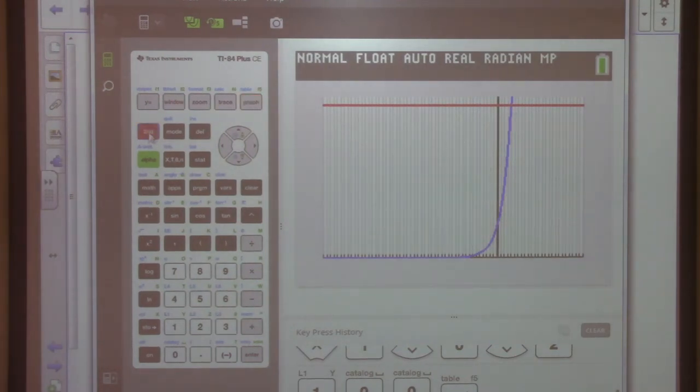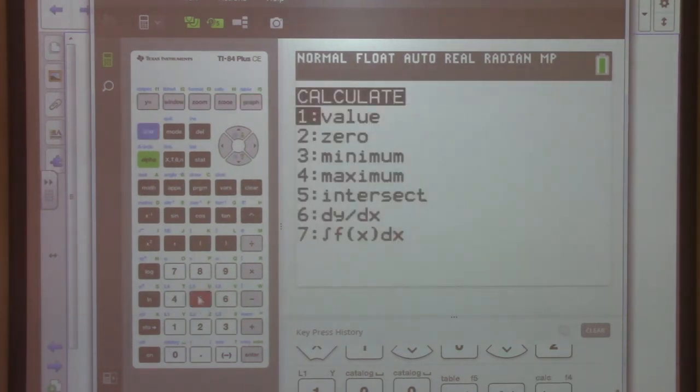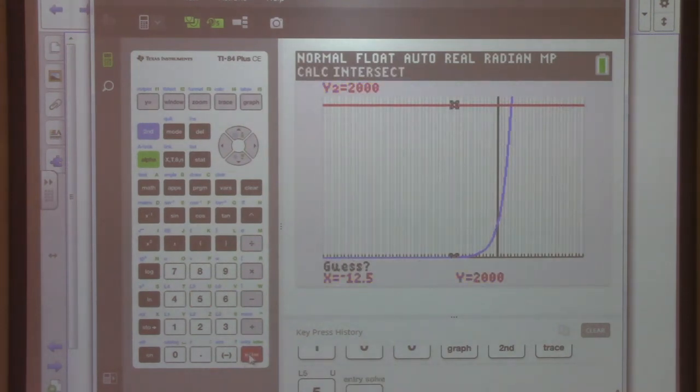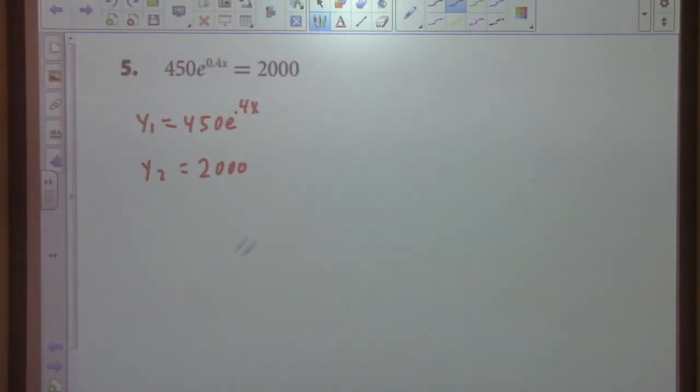So then we can go second trace, 5, enter, enter, enter. So x equals 3.729. My graph was definitely different.